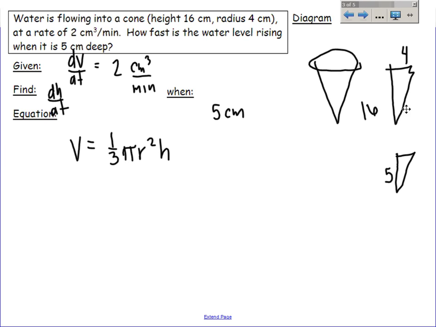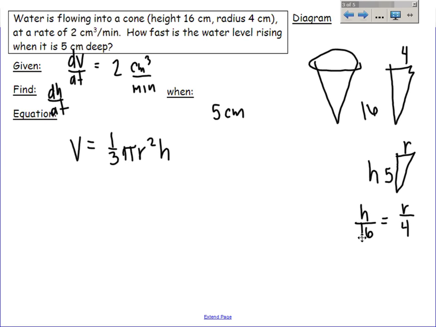Again, we're bringing lots of geometry into this. We have two similar triangles. So essentially, this is going to be the height of whatever we are instantaneous at any point in time times your radius. This creates similar triangles, so hopefully you guys remember that h over 16 is going to be proportional to r over 4.